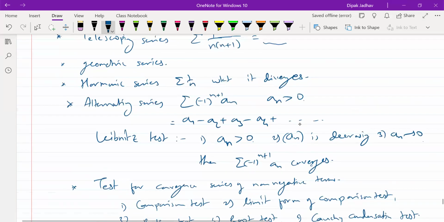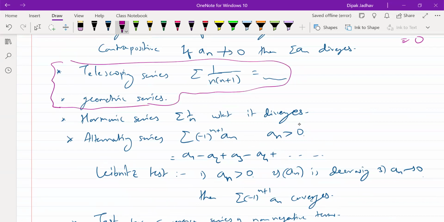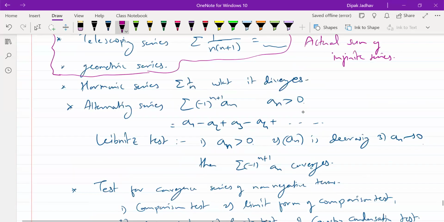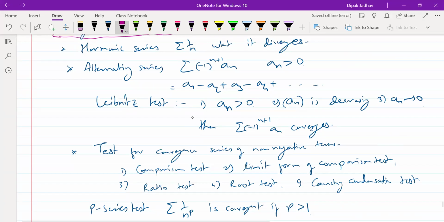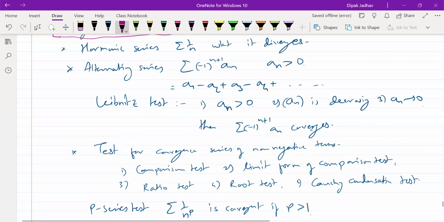One thing you can note here is that only in these two cases we may be able to compute the actual sum of your infinite series. For the rest of the cases, all these tests like the Leibniz test, comparison test, limit form of comparison test, ratio test, root test, and any other test that you have learned, you can only check whether your series converges or diverges.